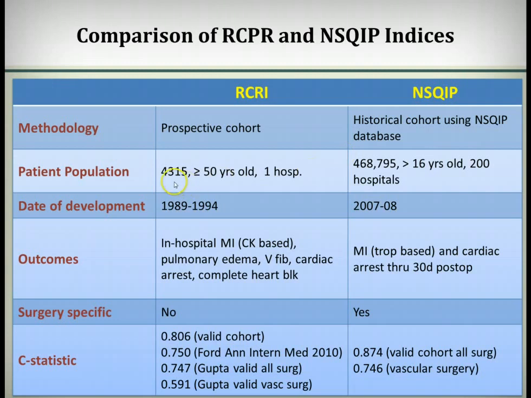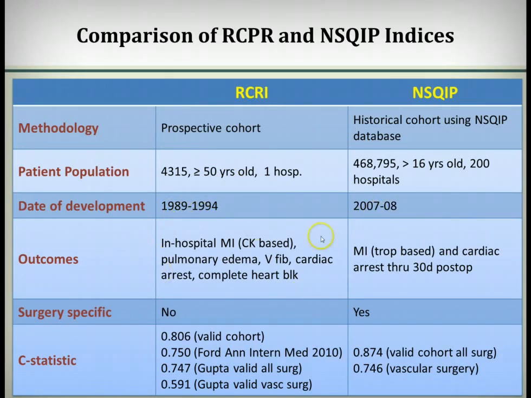You can see 4,000 patients were used to develop and validate the tool versus almost 500,000 in the NSQIP tool. Everybody was at least 50 years old in the Lee criteria. The Lee criteria was developed in the early 90s compared to the mid to late 2000s for the Gupta tool.